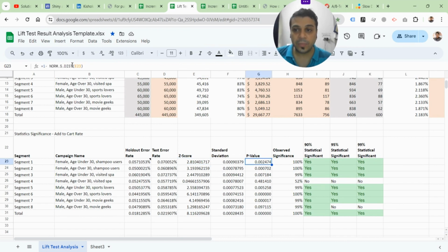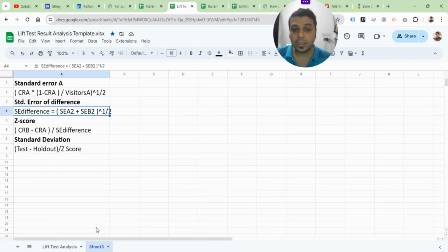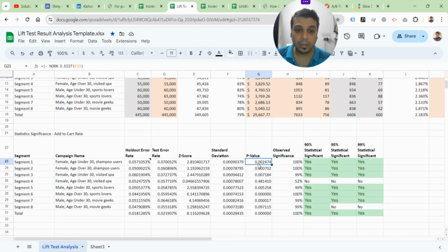And p-value is given by this formula. Don't try to go into that, but this is just a Google Sheets formula. But p-value is essentially 1 minus your statistical significance, and your confidence interval and statistical significance level is going to be calculated by this particular formula here.